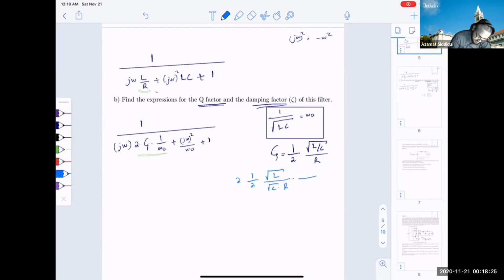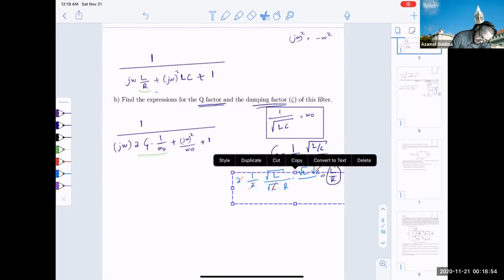Remember, omega naught is this, so it just becomes square root of L times square root of C. Now you can cancel out the C's, and square root of L times L becomes L divided by R, and we got the exact expression we had above. Just a quick check for everybody.